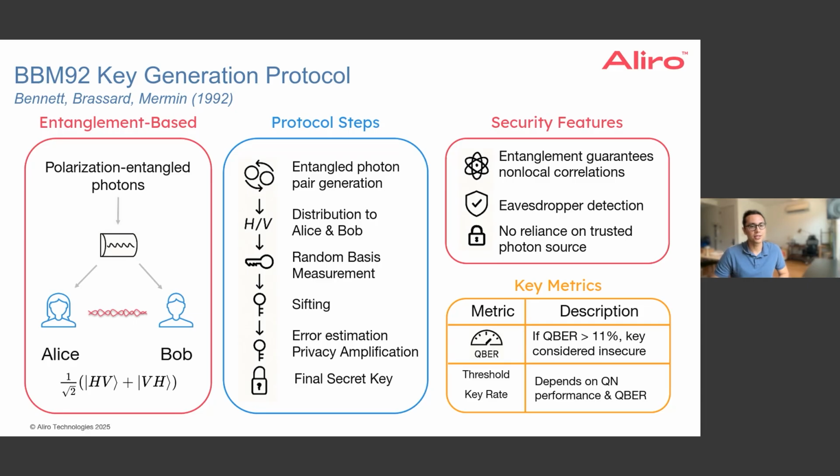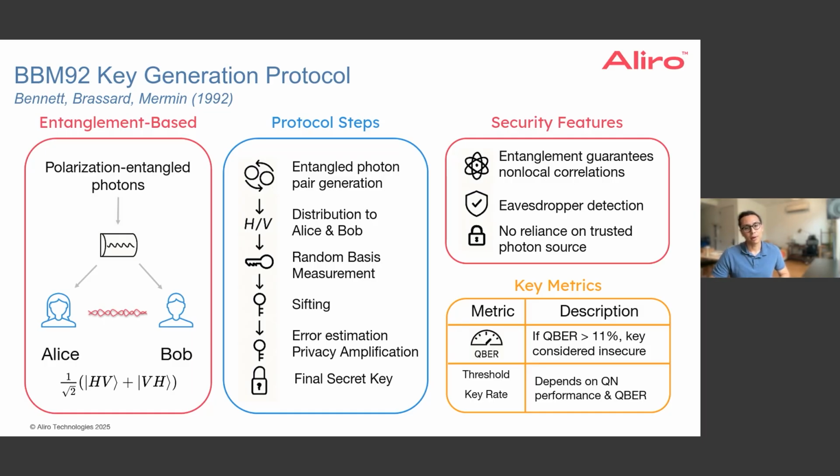Okay, so that error estimation step is very important for maintaining and guaranteeing the security of the keys that we ultimately generate. And that's a unique property of these quantum systems, right? This is something that we can't really do with classical math-based approaches like public key cryptography.